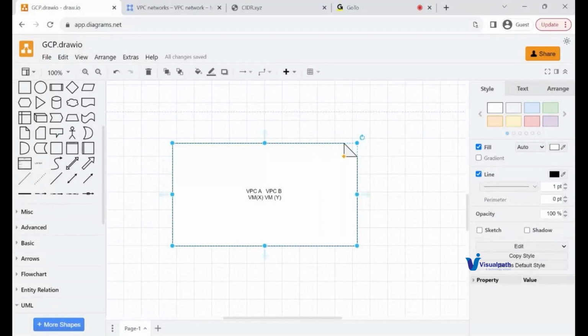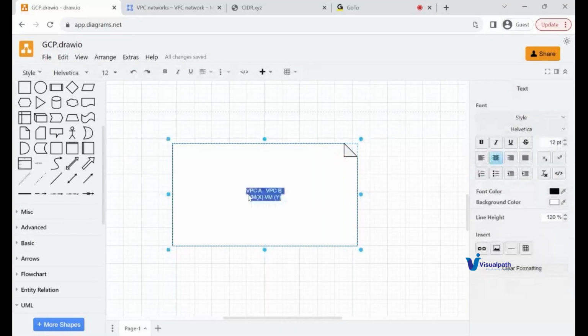So let's take the example of projects over here. These are under the same project, let's say A, B, C. Can you tell me whether my VM X will be able to communicate with my VM Y if this is the hierarchy that we are following?